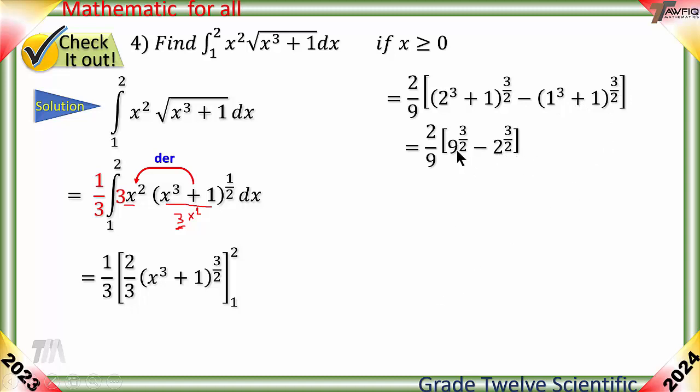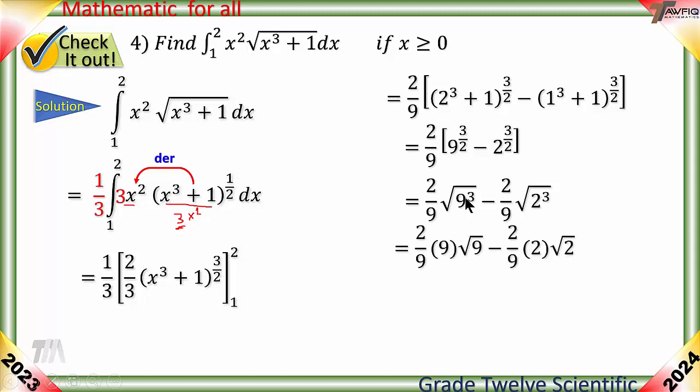And now converting this to the square root, it becomes 2 over 9 times 9 with the power 3 over 2, which becomes the square root of 9 cubed, minus 2 over 9 times 2 with the power 3 over 2, which becomes the square root of 2 to the power 3.